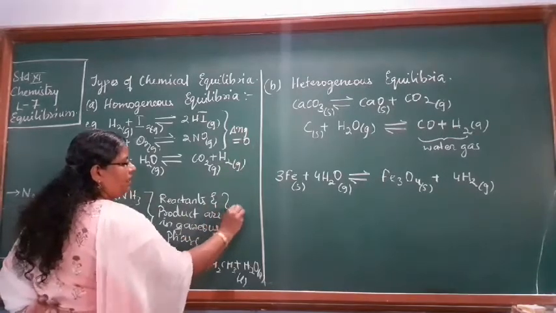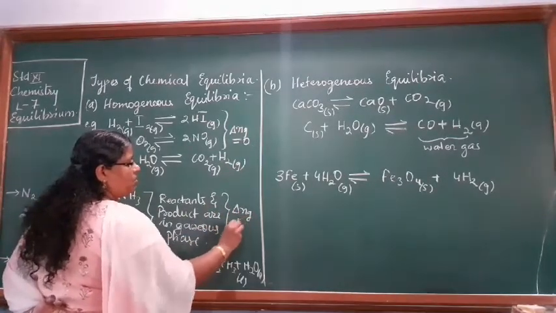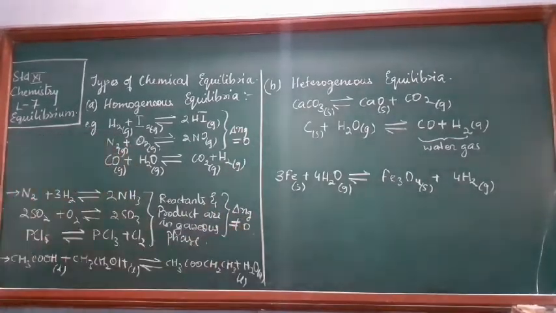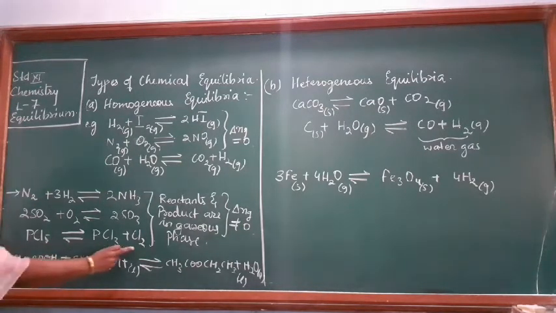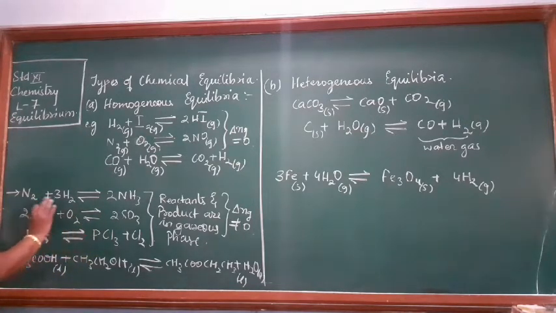Here you will find that delta ng is not equal to 0. It may be positive, it may be negative. In this case it will be positive, because 2 minus 1 is 1. In this case it is 2 minus 3, that is minus 1. Here you have 2 minus 4, which is minus 2.